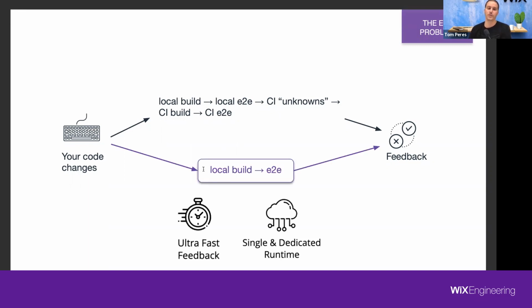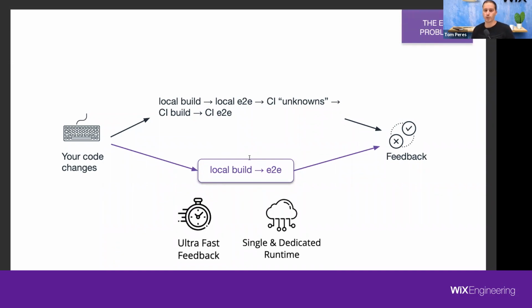Every time you make code changes, you make your local build, it passes, and then you immediately run end-to-end and get the feedback, pretty much walking around all these long, complicated and mostly slow CI builds.